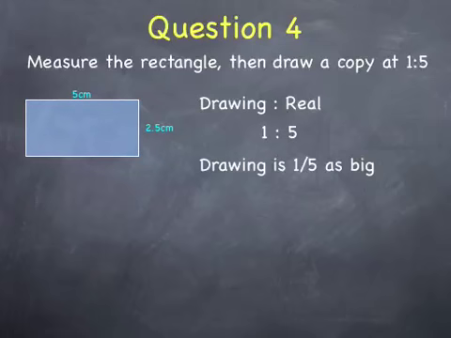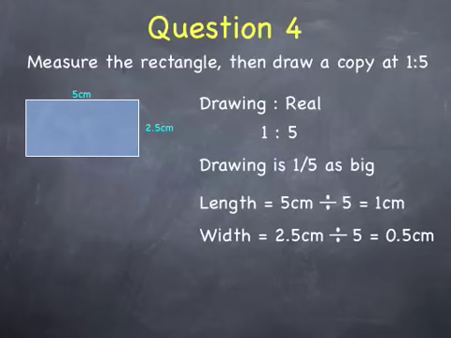When we're doing fifths, we're dividing by 5. So the length is 5 centimetres originally, divided by 5 is going to be 1 centimetre. It's going to be a small drawing, this one. And the width was 2.5, again divided by 5 equals 0.5 centimetres. So it's a tiny little rectangle, 1 centimetre length and 0.5 centimetres for width.